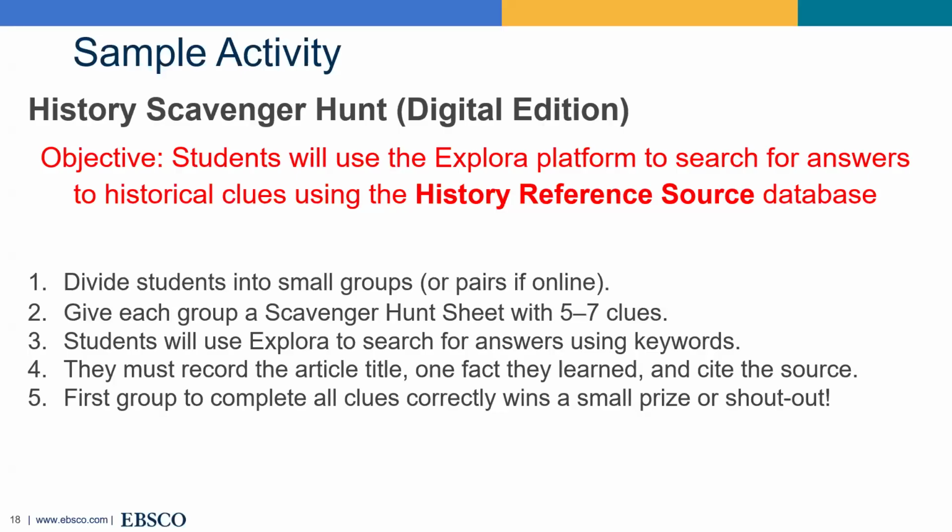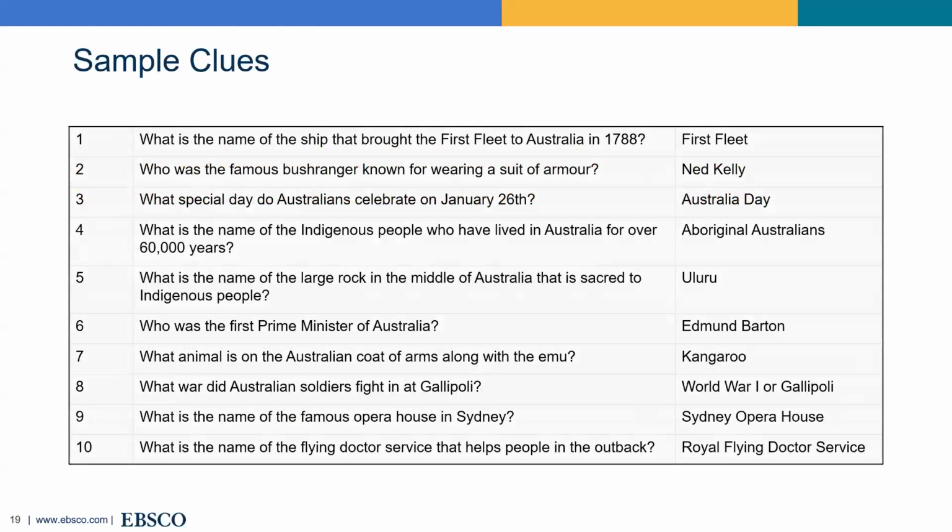You divide students into small groups or pairs, give each student a scavenger hunt sheet with 5 to 7 clues, and the students will use Explorer to search for answers using keywords. And then on their worksheet, they'll need to record the article title, one fact they learned, and cite the source. And I'll just show you some examples here.